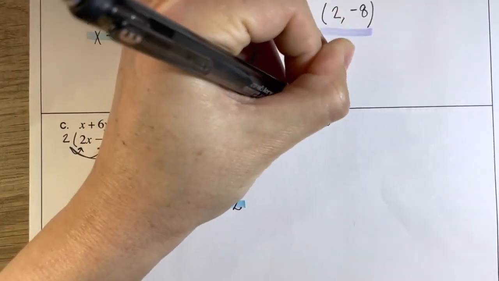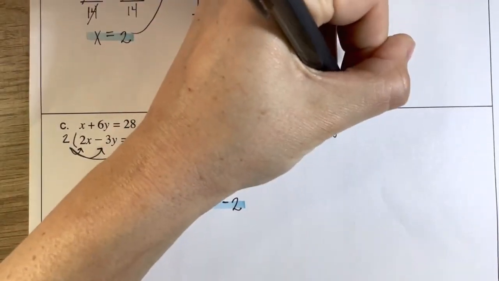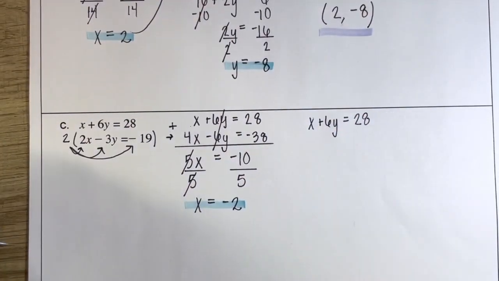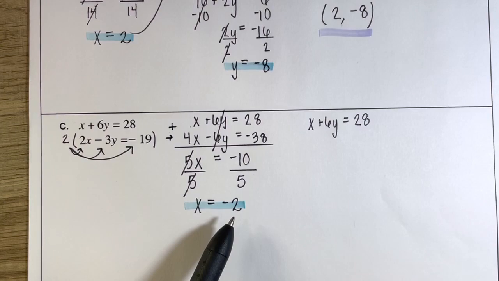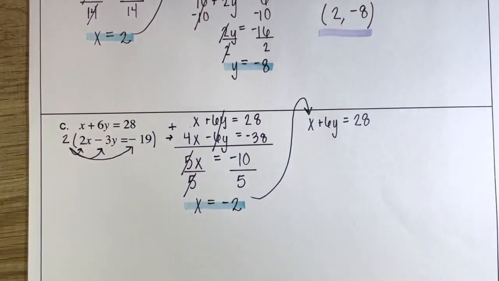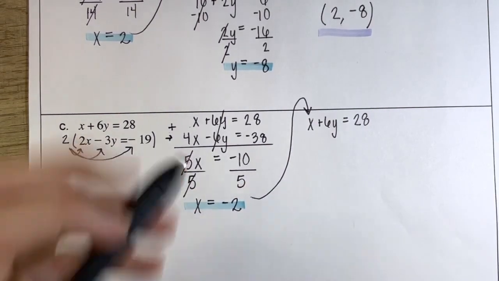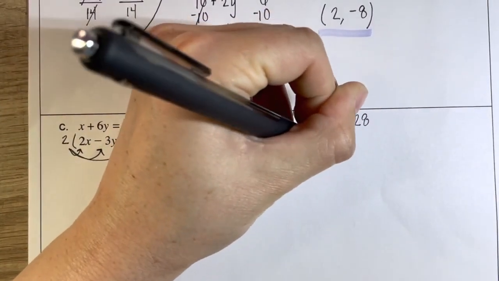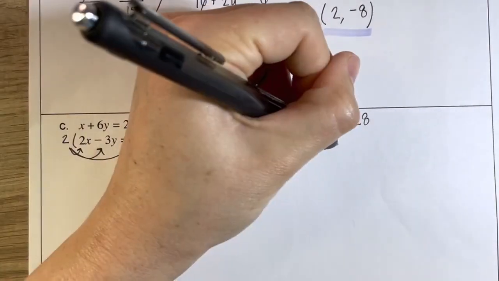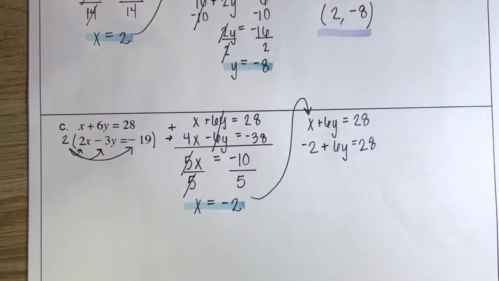x plus 6y equals 28. And then we figured out that x equals negative 2, so that negative 2 is going to get plugged in for x. So instead of x plus, it becomes negative 2 plus 6y equals 28.